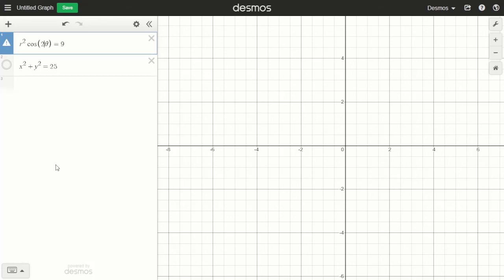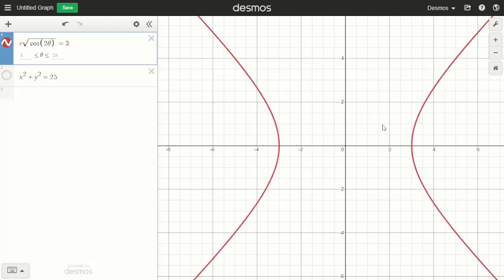Desmos is not strong enough to do this directly, so I'm going to have to write this as r equals the square root of 9 over cosine 2 theta. Desmos can only recognize linear r. Every technology has a limitation, but now this is the graph for that.